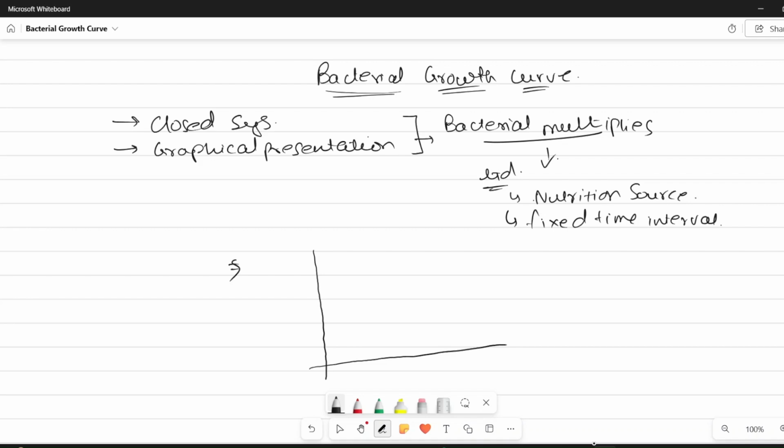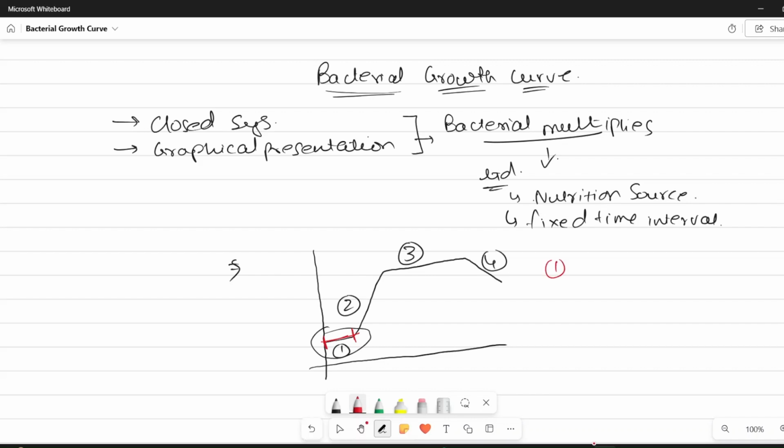And we come to know that the bacteria grows in different phases. Phase 1, phase 2, phase 3, and phase 4. In the beginning, the bacteria has a limited growth pattern, which clearly displays that there is a constant type of parameter, like the number is not increasing, neither is it decreasing.